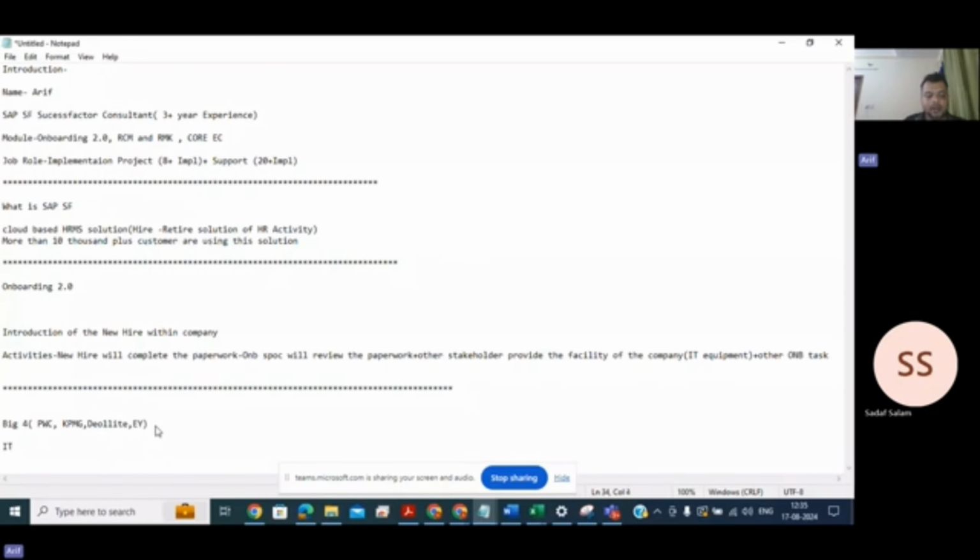And then other IT service-based companies. These include TCS, Wipro, Infosys, then Accenture, HCL Tech, and other companies. Capgemini, you can also say Cognizant, you can also include.